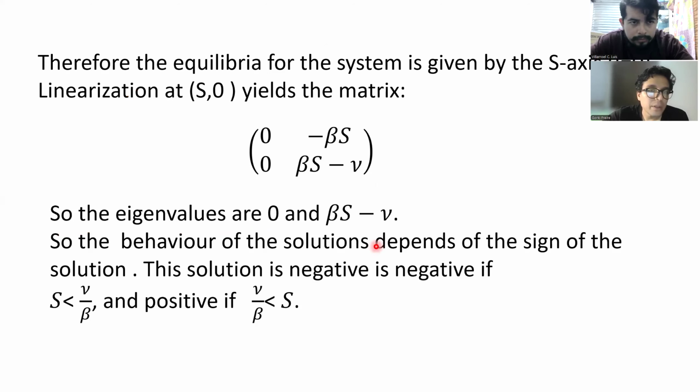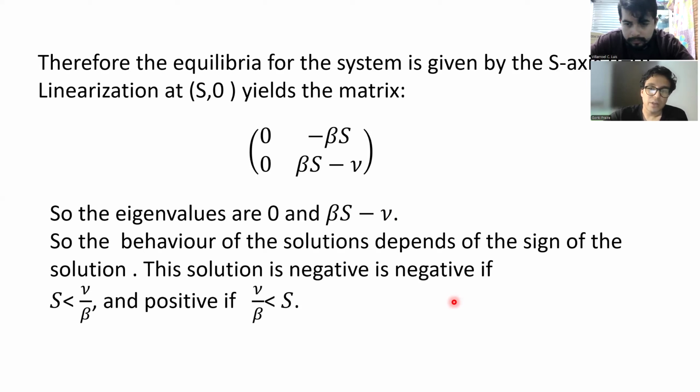We linearize at this point, that is, we use the Jacobian matrix. We compute the Jacobian, and we evaluate it at (S, 0), and that's how we get this. Computing, the eigenvalues are 0 and beta S minus v, sorry, little v.